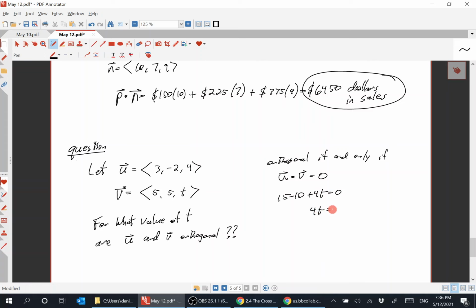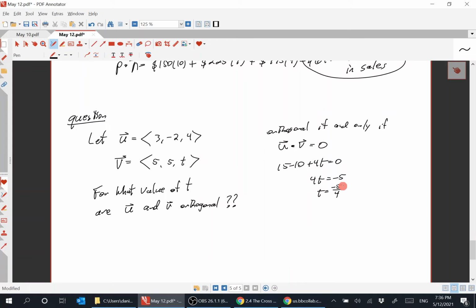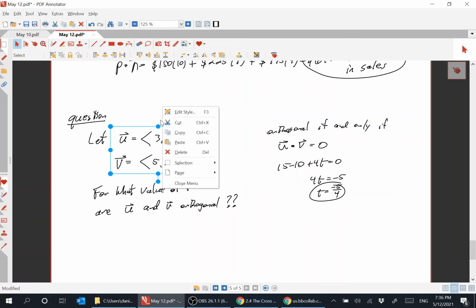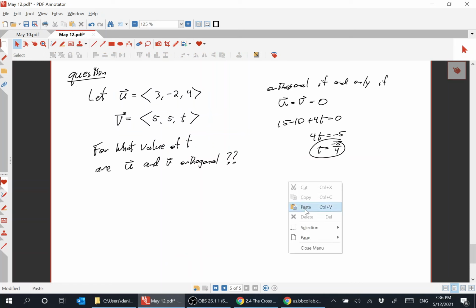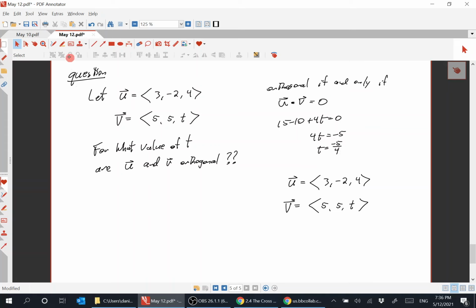So we have 4t is minus 5, so t is minus 5 over 4. And that's the only solution for t, because we got a linear equation there, and a linear equation always has an answer, and that answer is always unique.